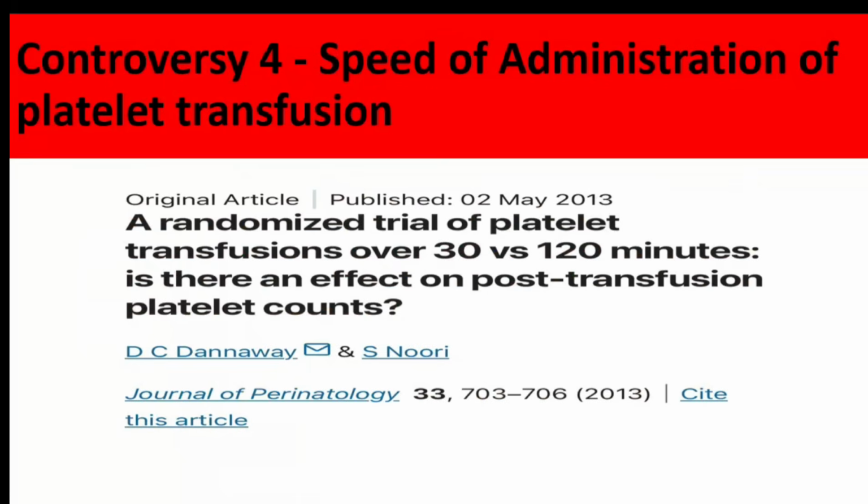And extra, suddenly इतना ज्यादा volume किसी बच्चे में will lead to cardiovascular instability. अगर हम fluid नहीं दे रहे हैं उसको, then why are we giving so much platelet rapidly, ठीक है. So in this trial they actually tried to compare कि अगर हम 30 minutes में platelet transfusion दें और 2 hours में slowly platelet transfusion दें, तो what was the difference?